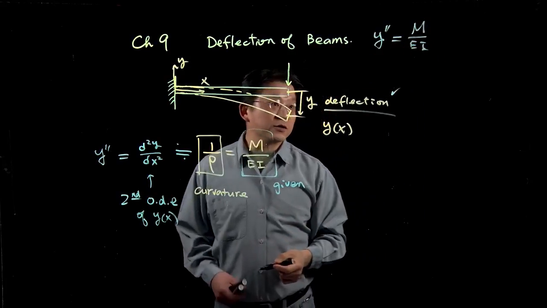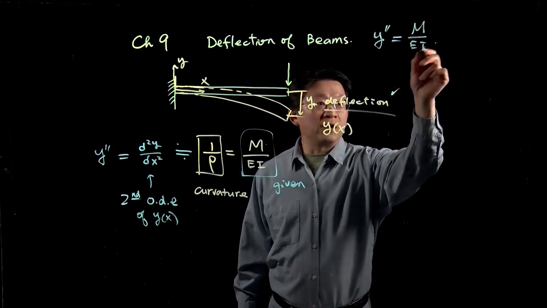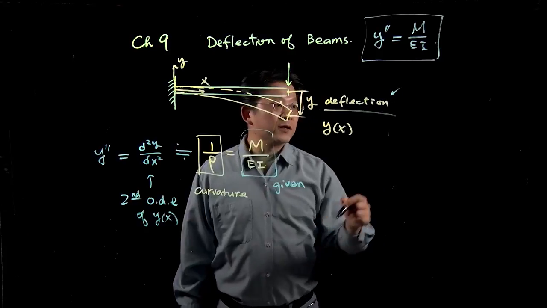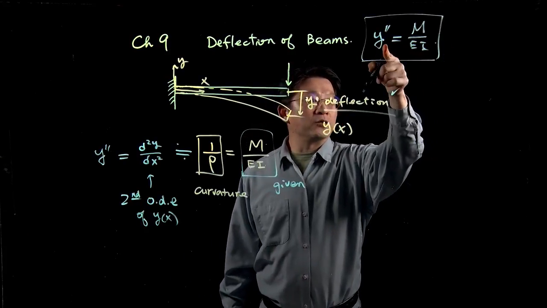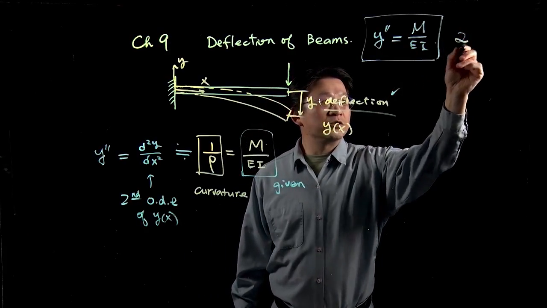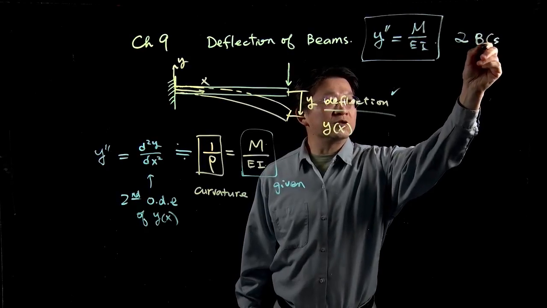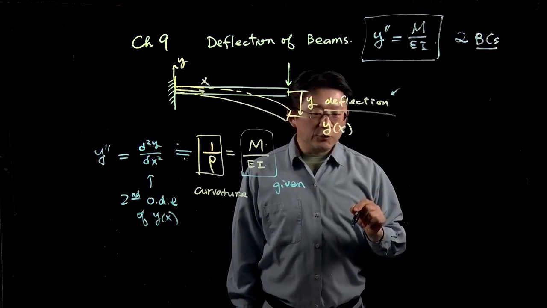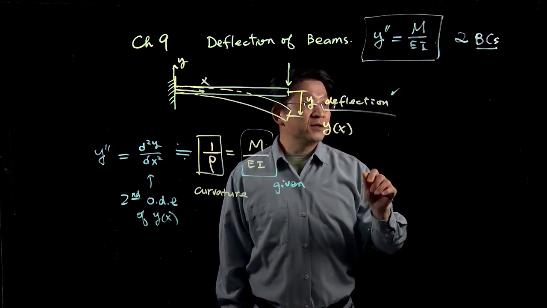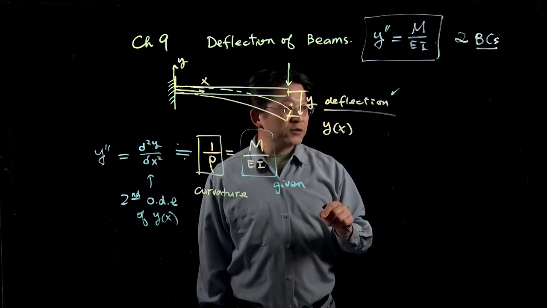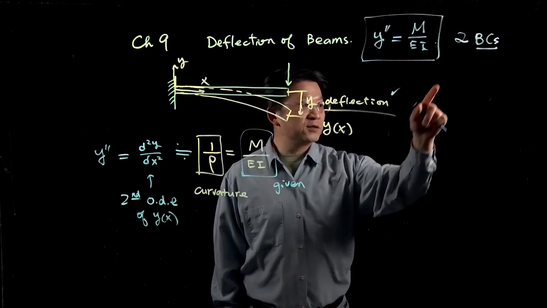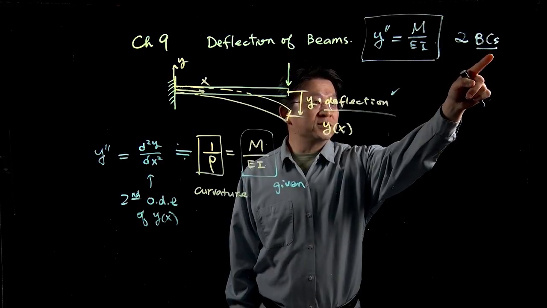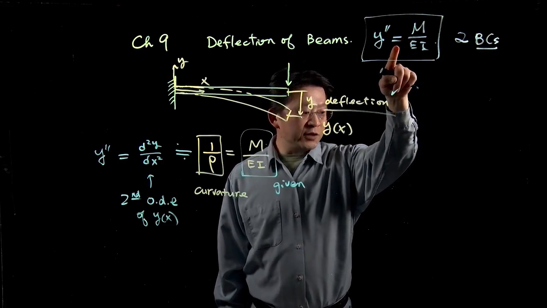In this chapter, you're going to practice how to solve these simple ordinary differential equations. Because this is a second order differential equation, you need two boundary conditions. The learning goal of this chapter is to place your attention on how to identify appropriate boundary conditions so you can solve these equations.